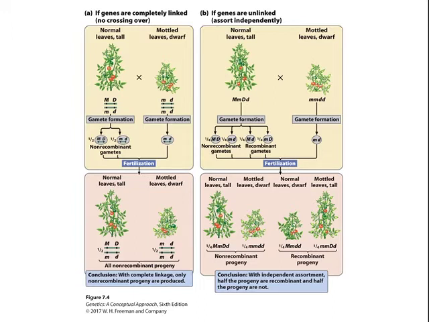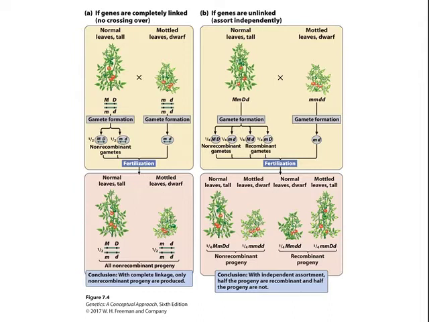The homozygous parent in the test cross produces only one type of gamete, which contains small m, small d. When its gametes pair with the two types of gametes generated by the heterozygous parent, two types of progeny result. Half have normal leaves and are tall, and you can see here the other half have mottled leaves and are dwarf.